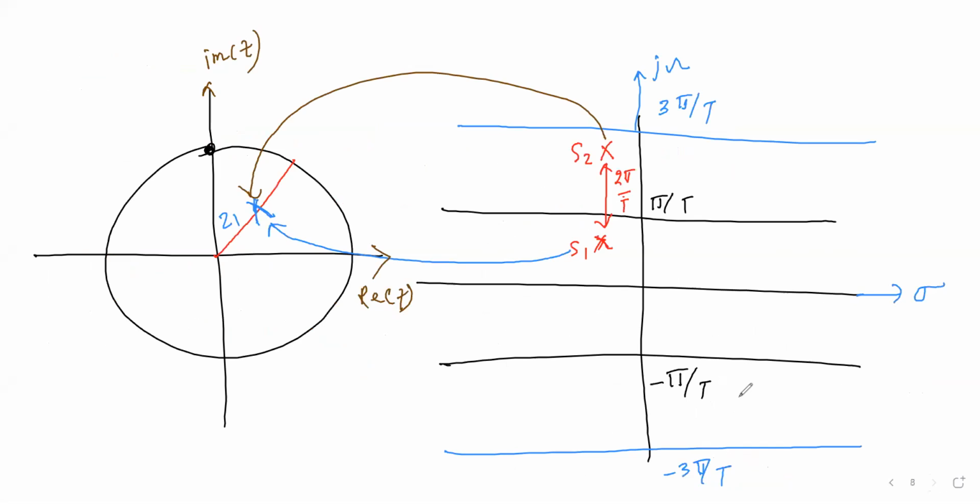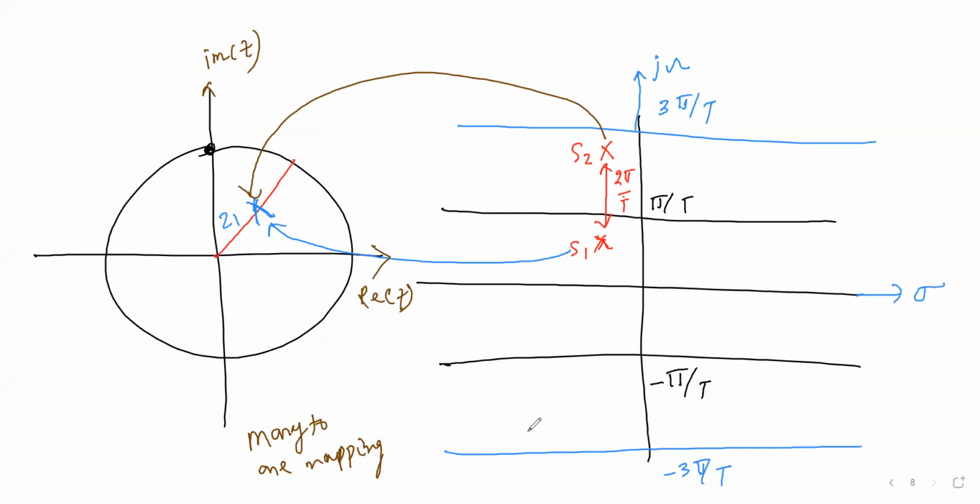Okay, clear? So this is many to one mapping, many to one mapping. And what is the problem? The problem is that since multiple poles along the j omega axis map to a single pole in the Z domain, the aliasing effect comes into the picture.